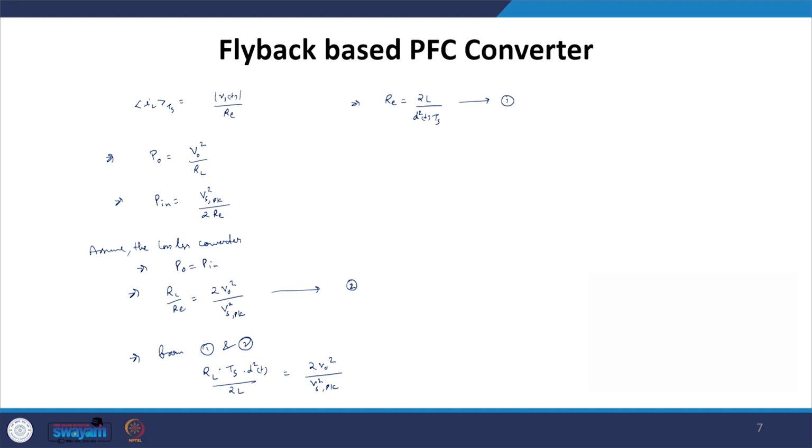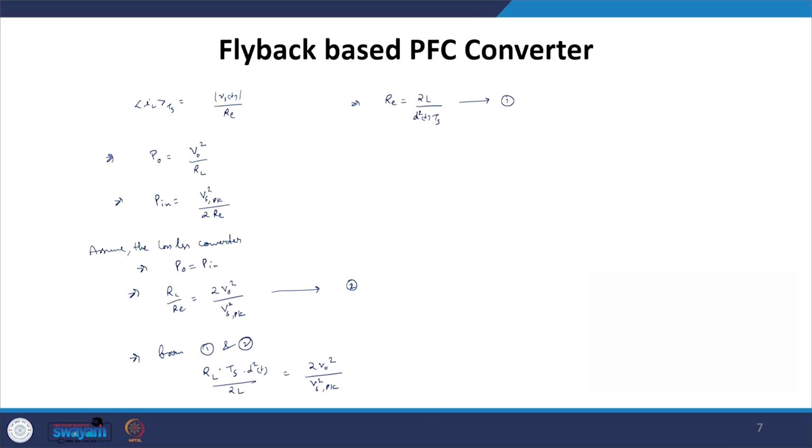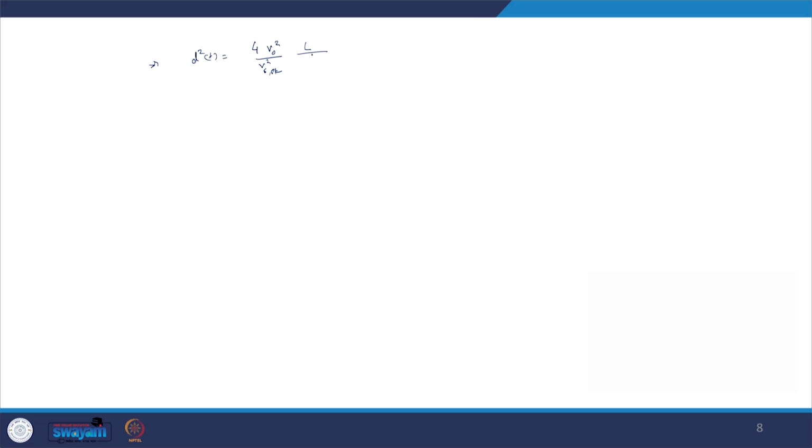That's when we can arrange d square as 4 V naught square by Vs peak square times L by RL Ts.